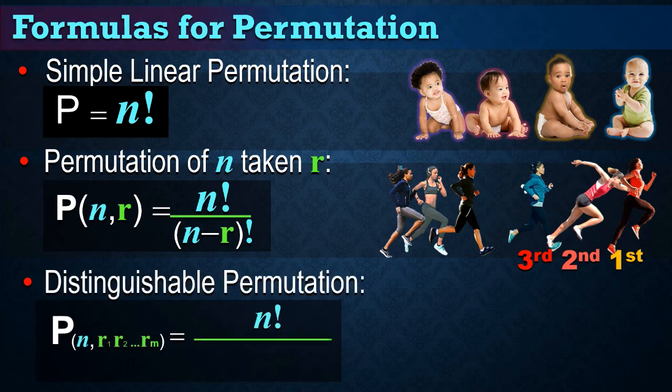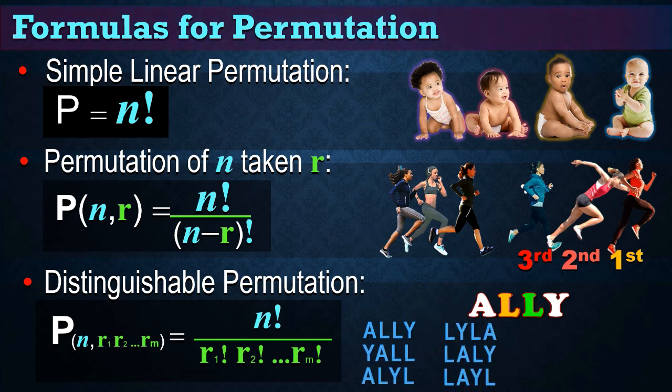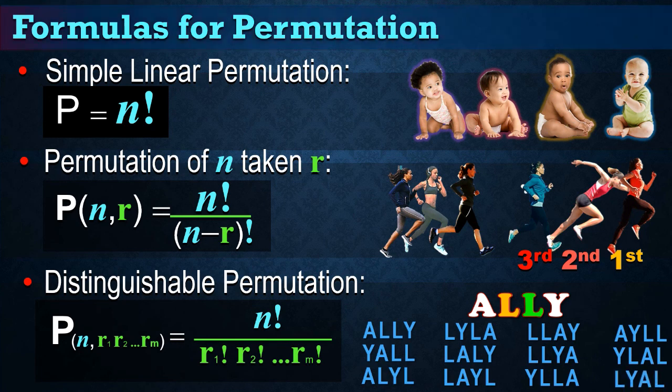Then we have also distinguishable permutation, and that is P(n; r sub 1, r sub 2, ..., r sub m) equals n factorial divided by r sub 1 factorial times r sub 2 factorial times r sub m factorial.